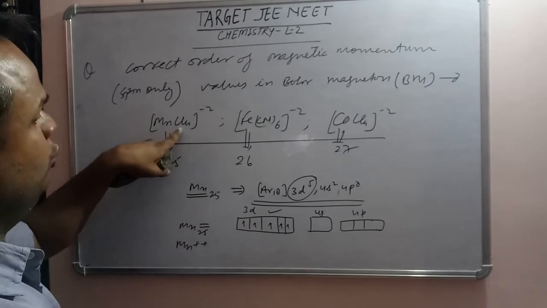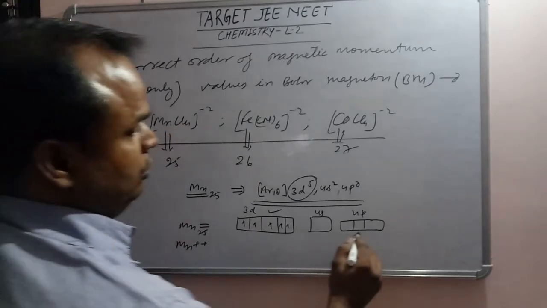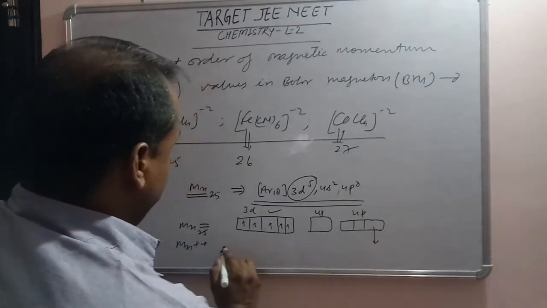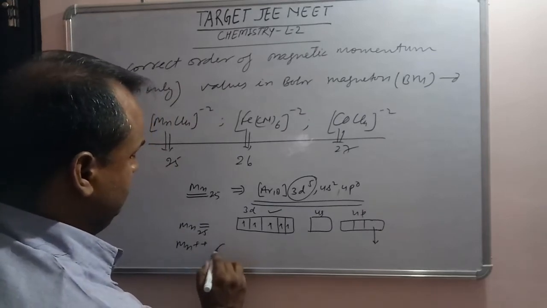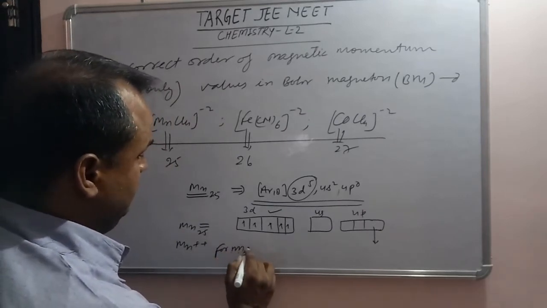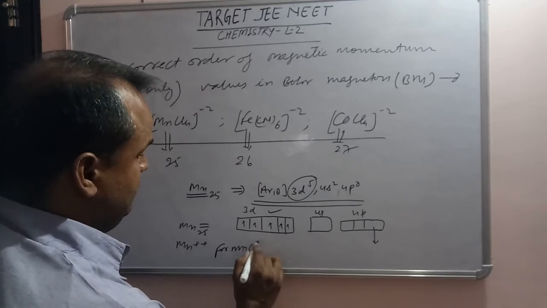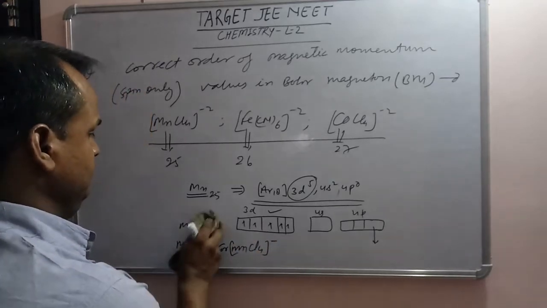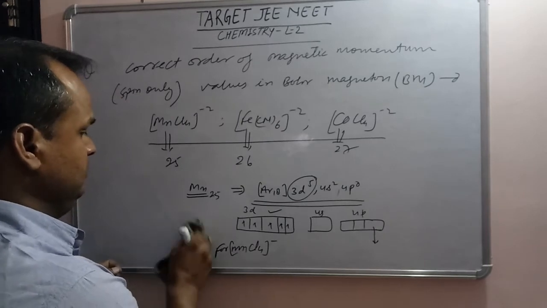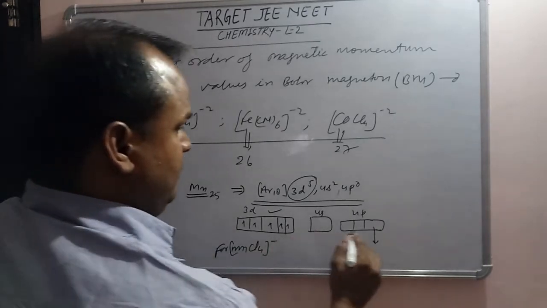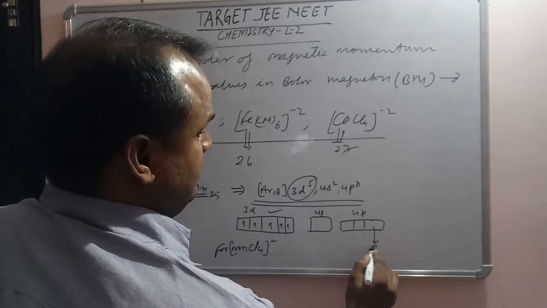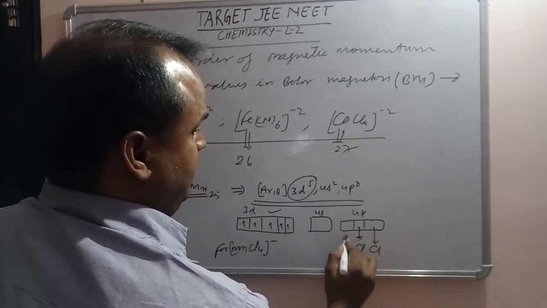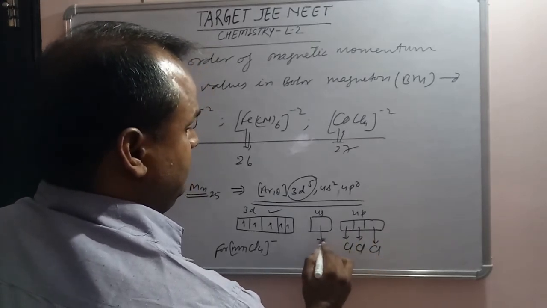Now we have to add 4 chlorines, so one can be added for MnCl4 minus. One Cl here, another Cl here, the next Cl here, and the next Cl.